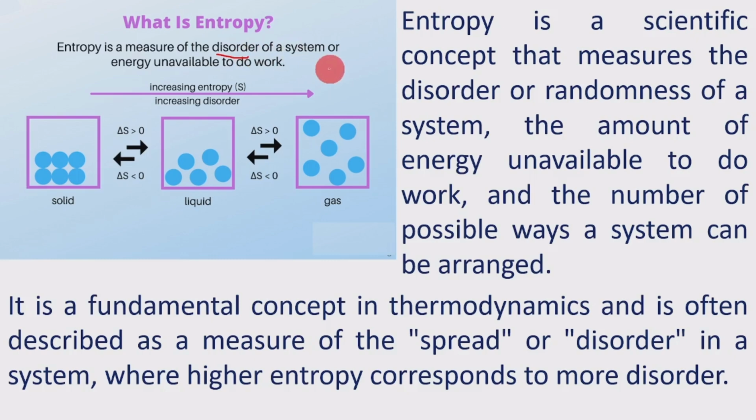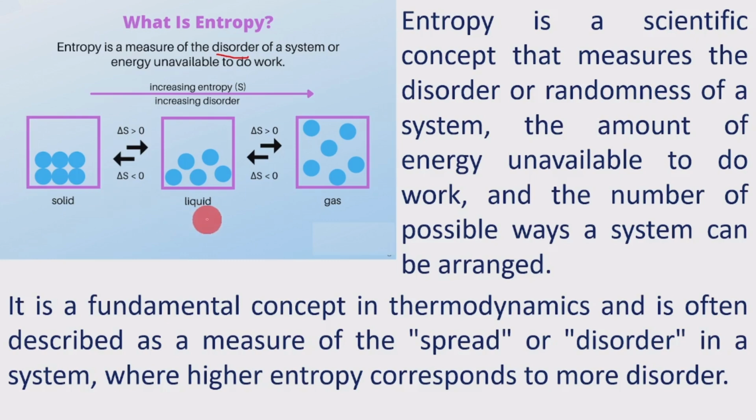And that can be discussed with consideration of the solid, liquid and gaseous phases of the substance. In the solid, the molecules are well arranged and the disorderness will be very less. If the disorderness is less, entropy will be less.